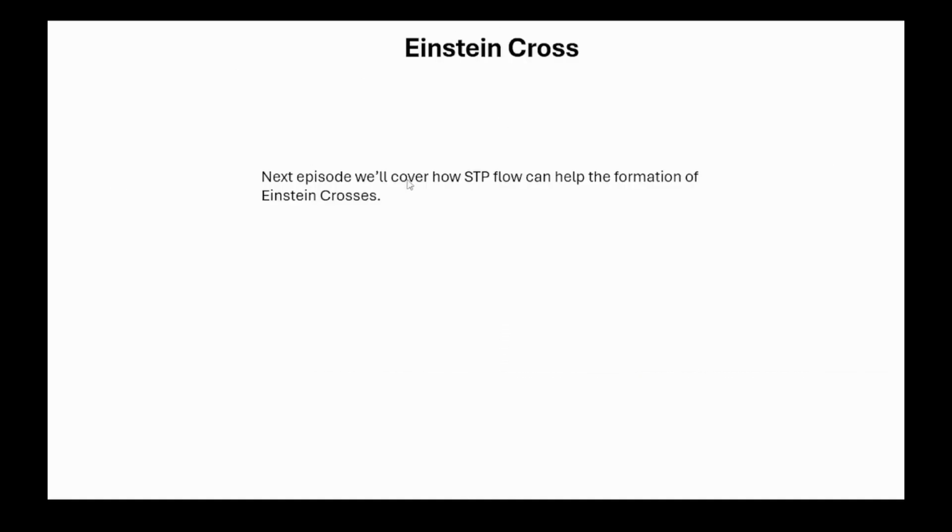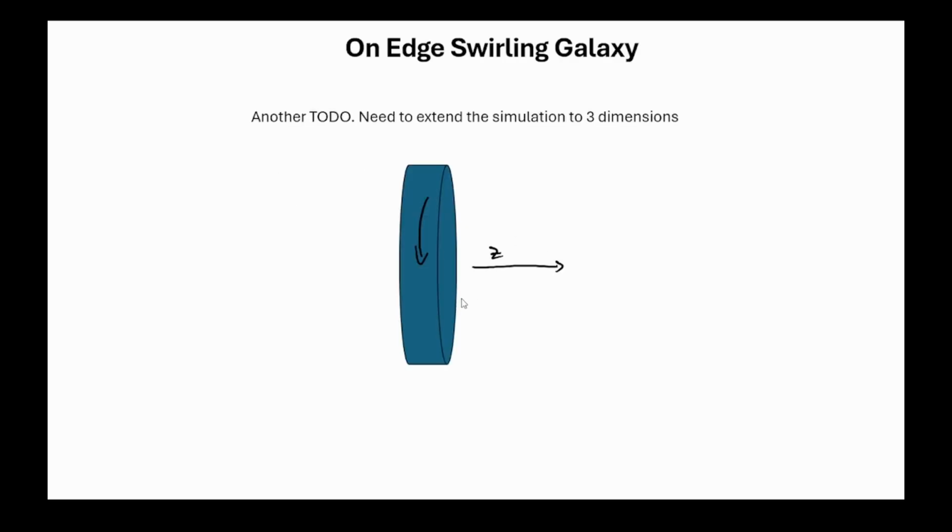I wanted to talk about Einstein crosses, but I was worried that was going to create a little bit too much distraction. And so I'm going to do a couple parts to this in addition to what we're covering here. But mostly here, I'm just interested in, can we create Einstein crosses with previous tools, or would Einstein crosses be easier to create with a flow type parameter to vary, as I've been showing?